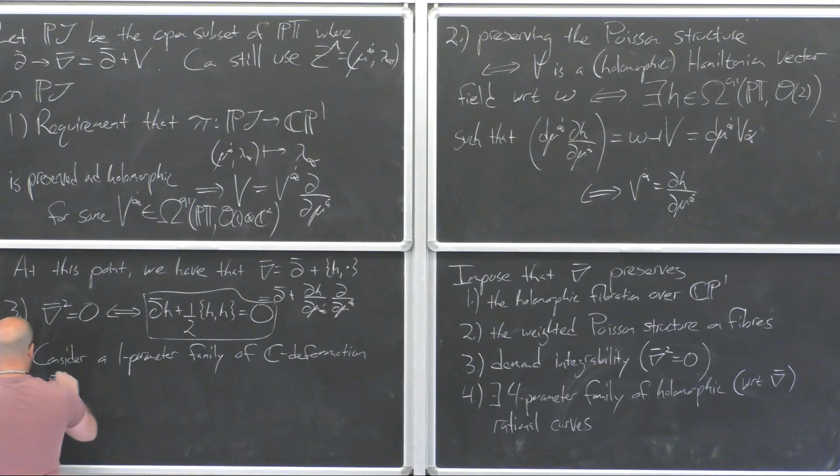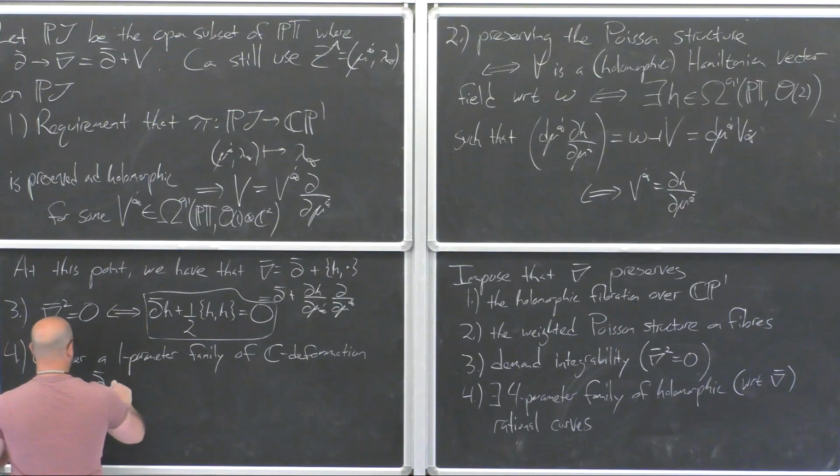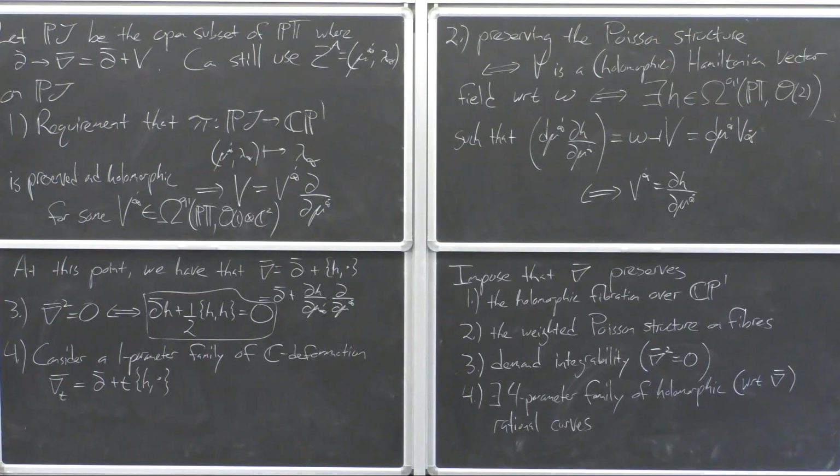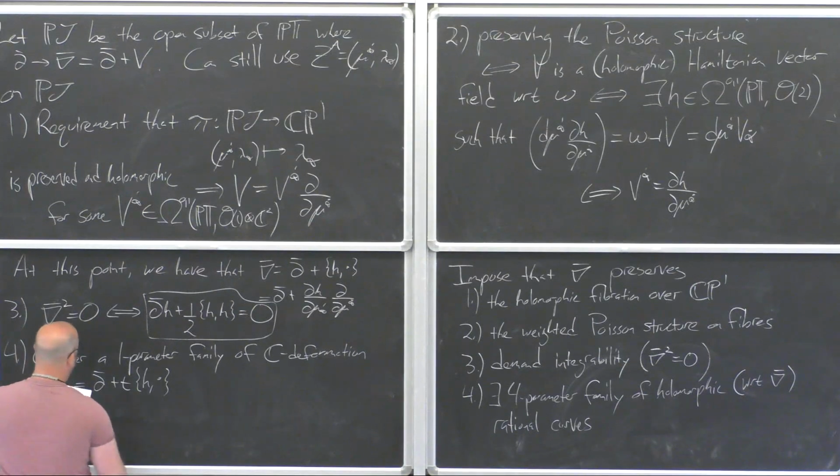Let's label that family with a parameter t. So this is given by d bar plus t times the Poisson bracket with h. So we assume we've picked some h that solves this equation for each value of t.